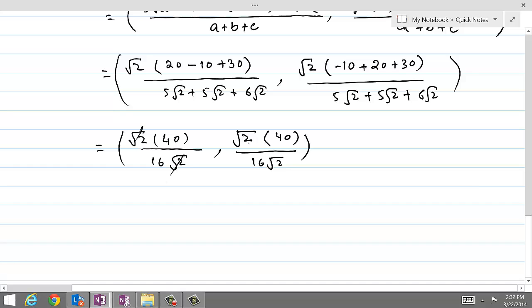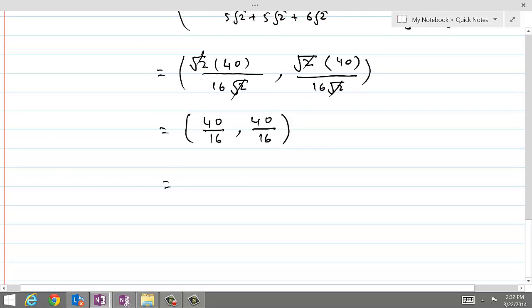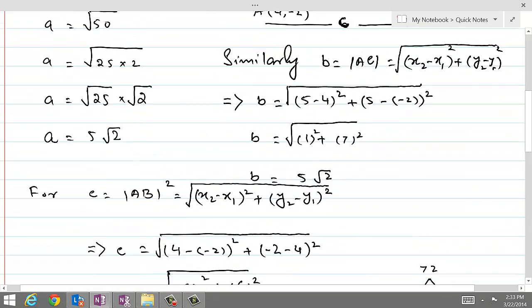Under root 2 will be cancelled with under root 2, and these could be simplified by dividing both the numerator and the denominator, 40 over 16. So this is equal to 10 over 4. If we divide both by 2, that would be 5 by 2 and then 5 by 2 over here. This is what is the in-center of the triangle ABC.